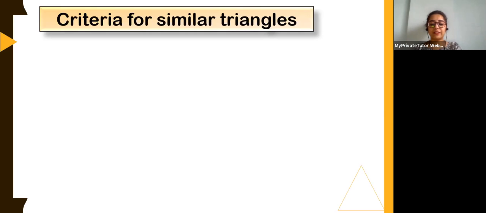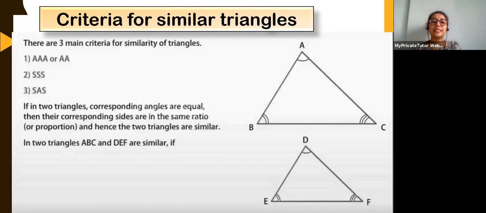Now what is the criteria for similar triangles? Whenever we have triangles, how can we prove that those given triangles are similar or not? These are the three criteria for similarity of triangles.